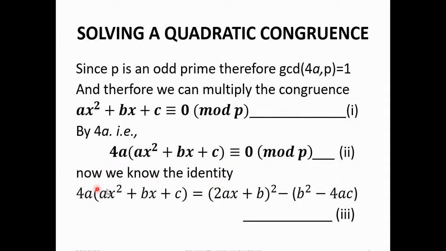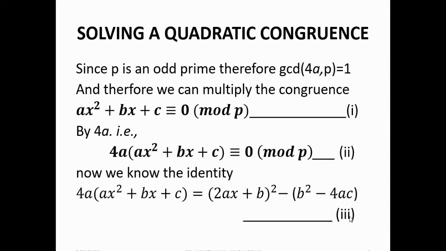So now we can use the identity. We have this identity: 4a into ax square plus bx plus c is equal to 2ax plus b whole square minus b square minus 4ac. So suppose this is first equation, then this is second, and this is third.